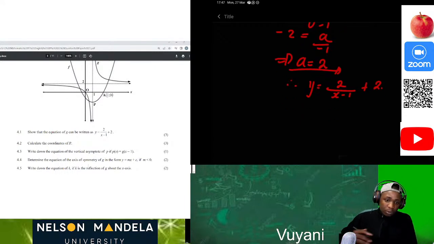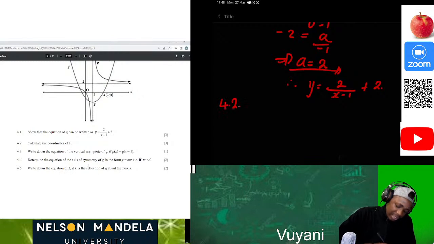Now, we are told to calculate the coordinates of P. What is P? We know that P is the turning point of f of x.